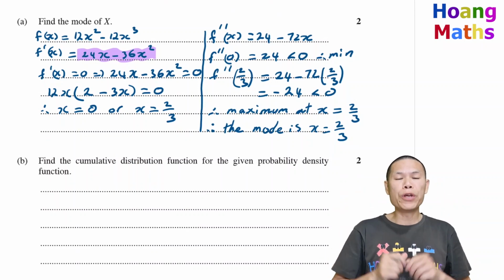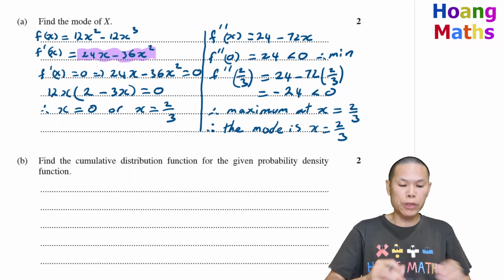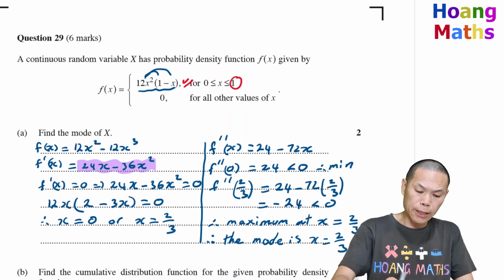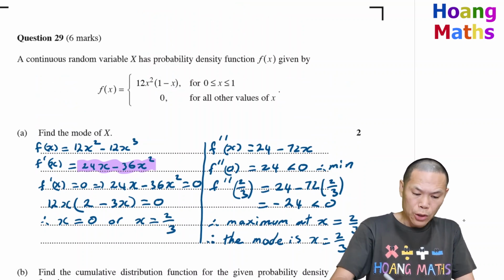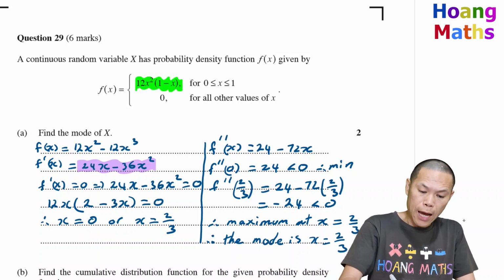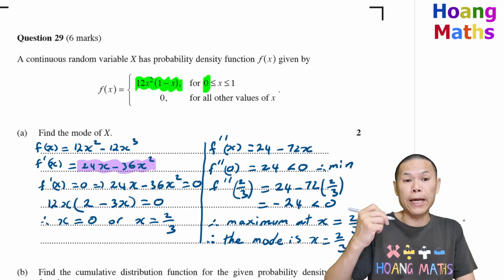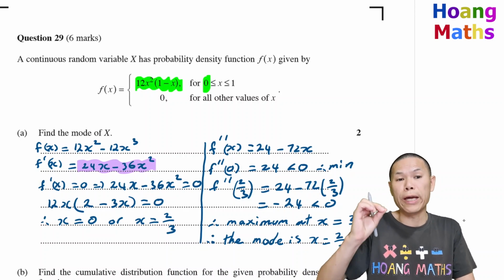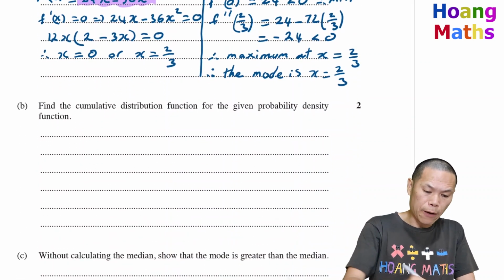Part B. We need to find the cumulative distribution for this probability density function here. The cumulative distribution is the integration of this from a to b. a is 0, b is x, okay, from 0 to x. So let me just write this down.